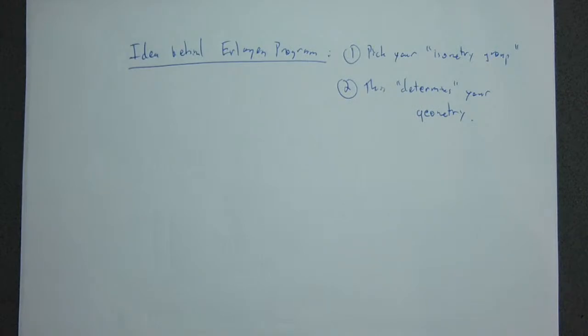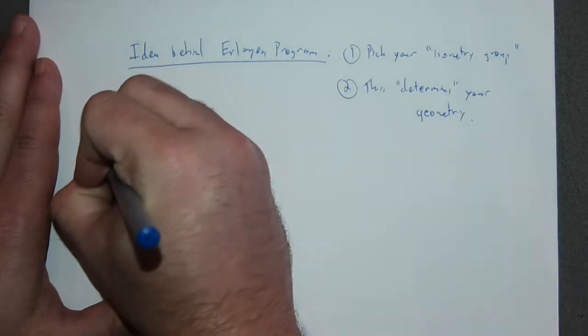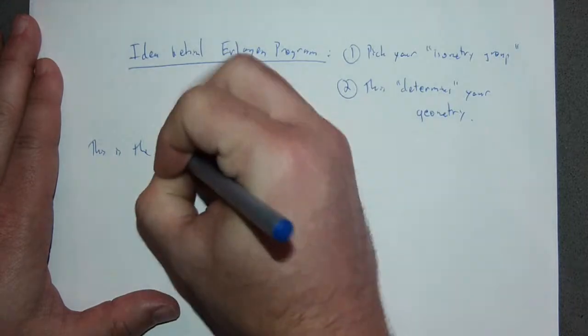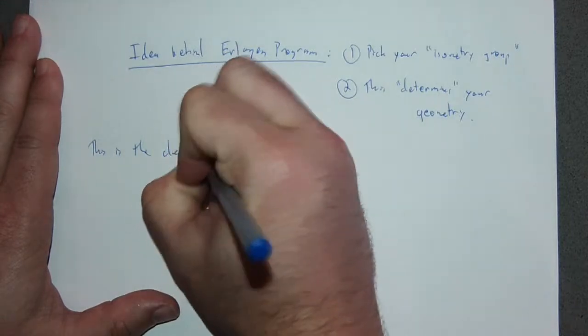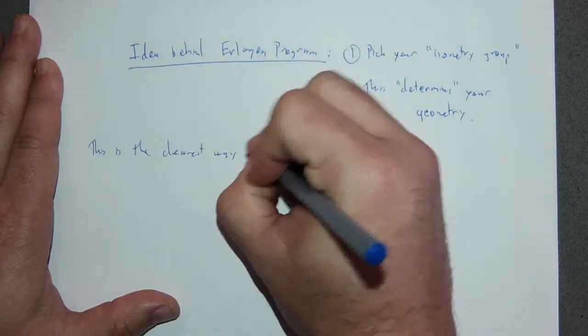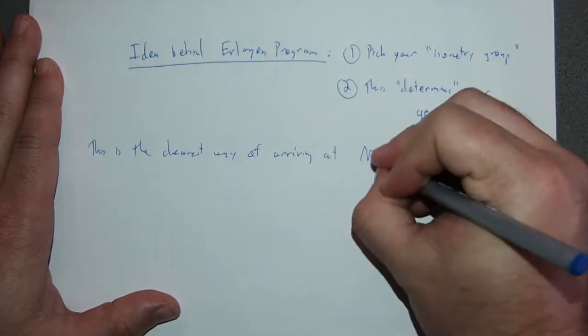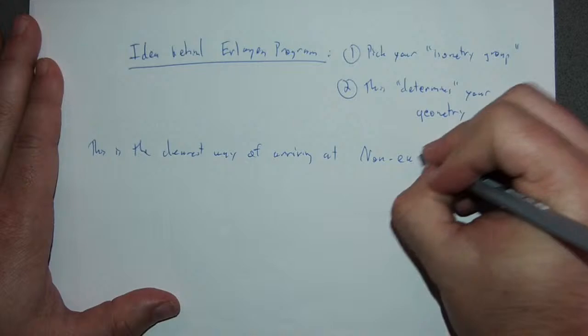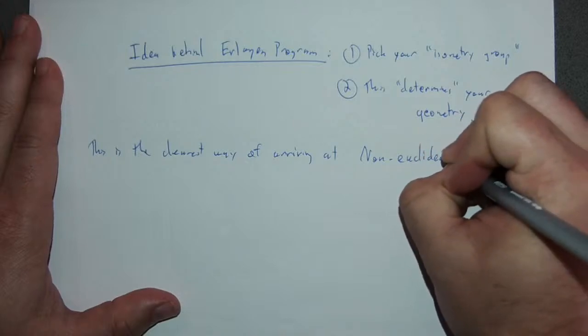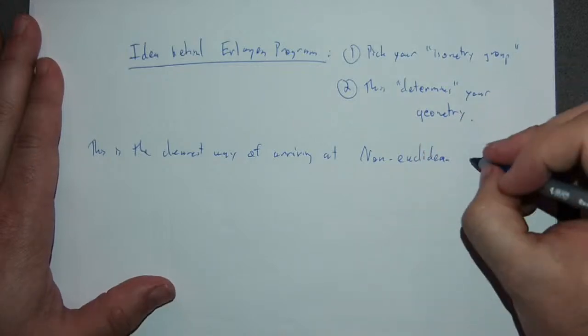Hyperbolic geometry is one of them. This is the clearest way of arriving at non-Euclidean geometry, although we are going to see examples of non-Euclidean geometry throughout.